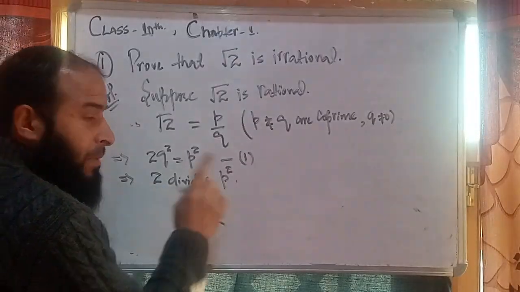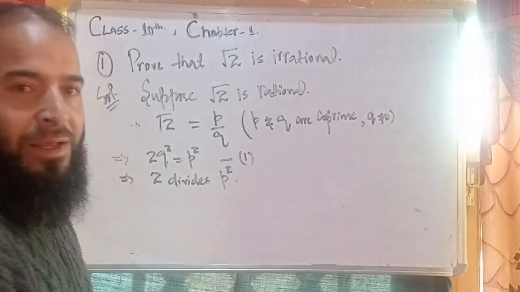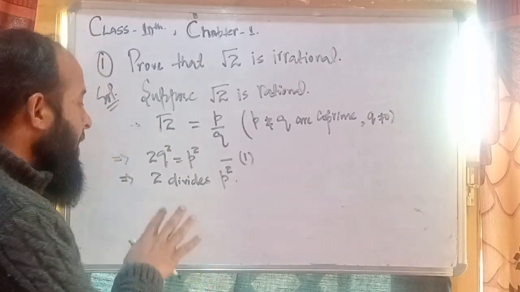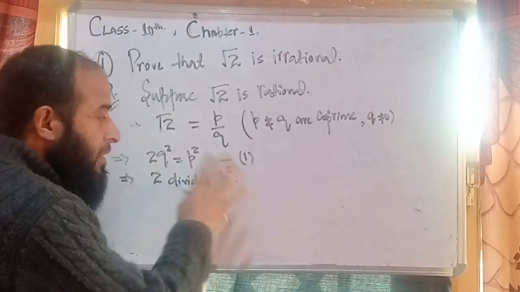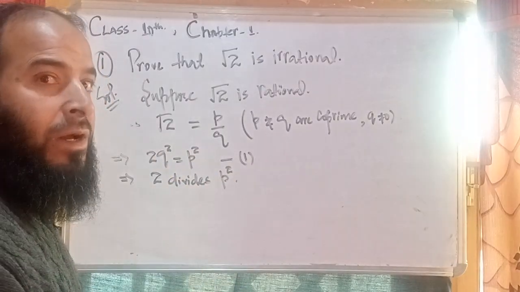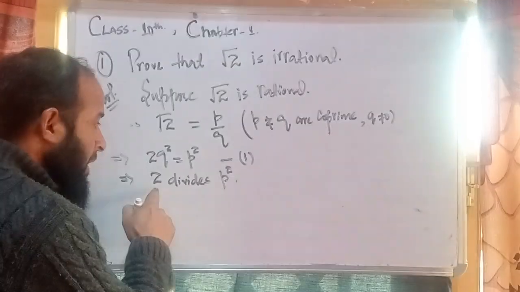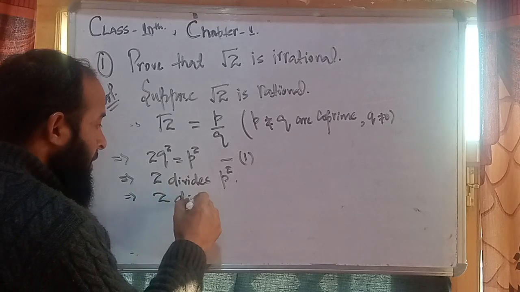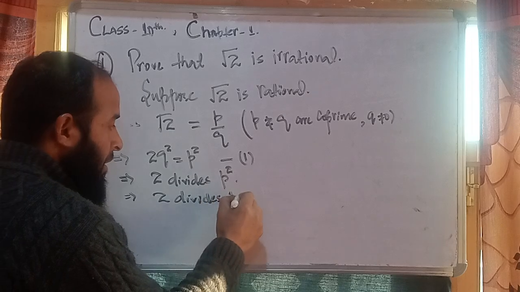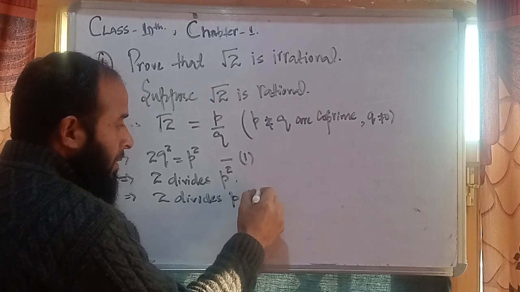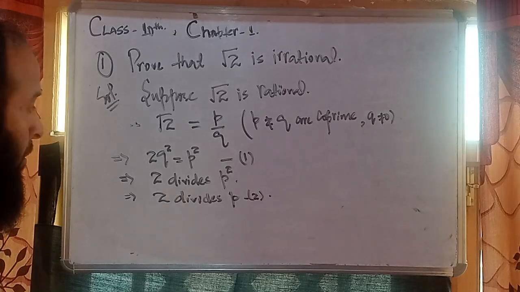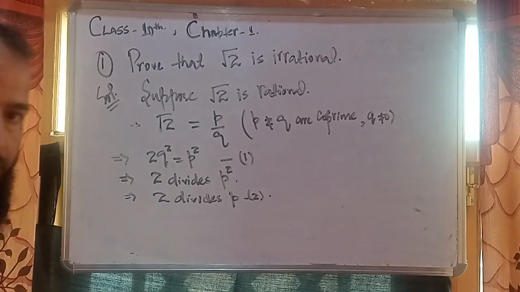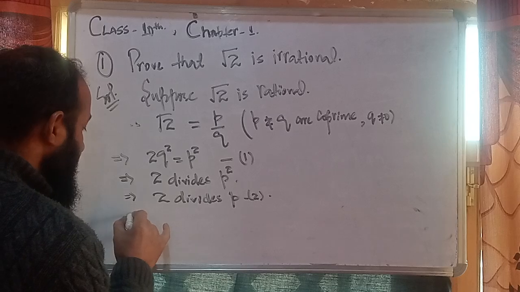Recap in your mind what we studied in the previous lecture: when any prime number divides a square, then it also divides a. Similarly, 2 divides p square, which implies 2 divides p, and let this be second.